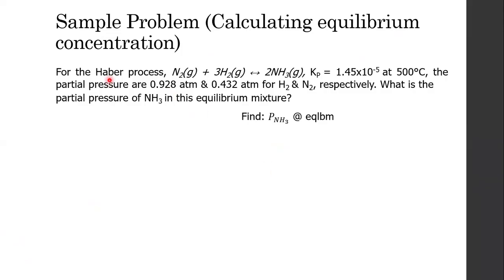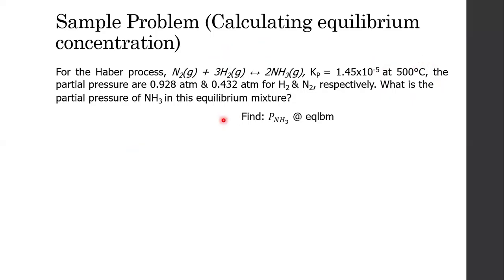For the Haber process, the formation of ammonia out of nitrogen and hydrogen, the Kp value is 1.45 times 10 to the negative 5 at 500 degrees Celsius. The partial pressures are 0.928 and 0.432 atmospheres for H2 and N2 respectively. And we are to calculate the partial pressure of ammonia in this equilibrium mixture.